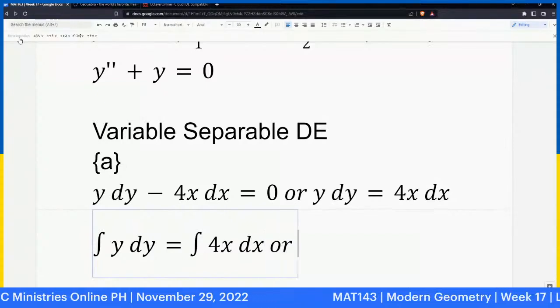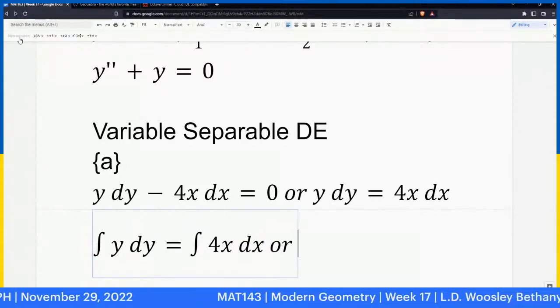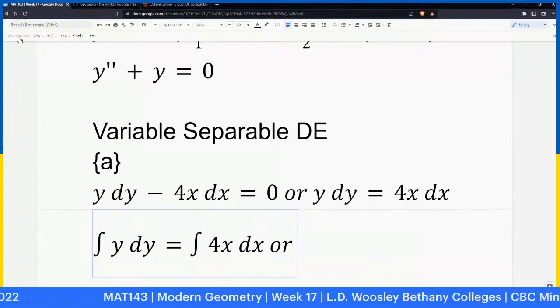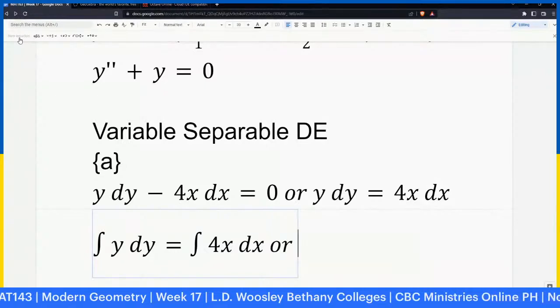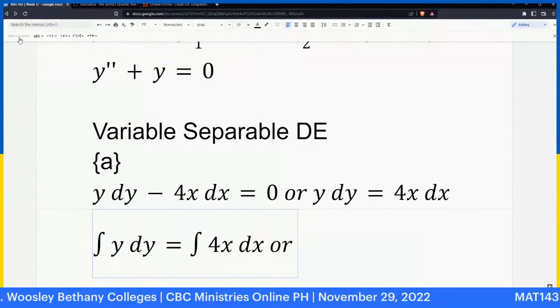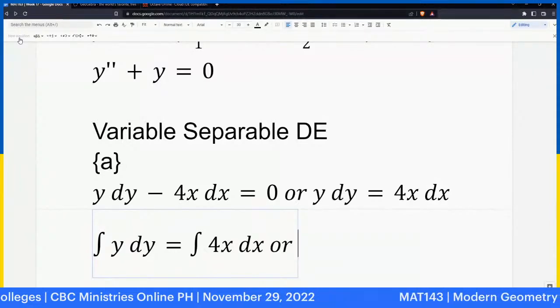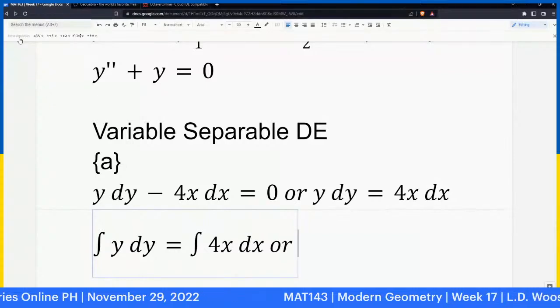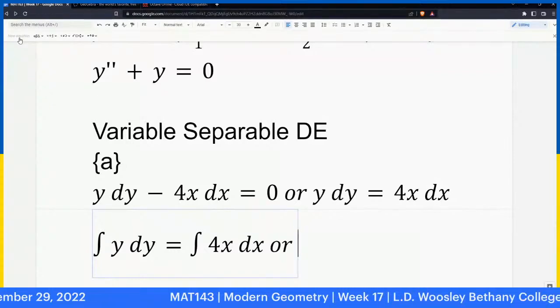Or, what's the answer? Integral of y with respect to y. What's the answer? Plus 1 over 2. That is y squared.